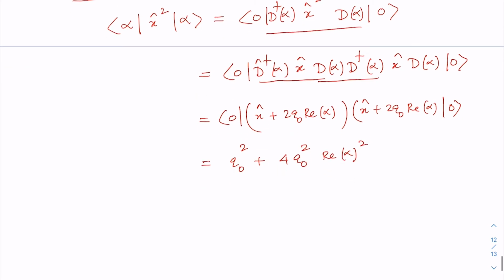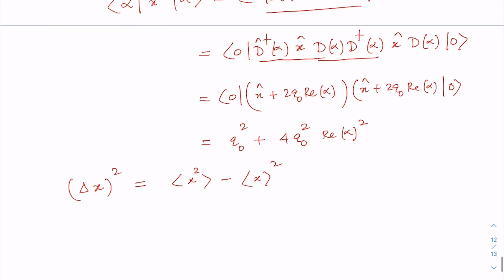and therefore immediately, if I ask you to find out the standard deviation, or say the variance of the position operator, that would be expectation of x square minus expectation of x whole square here. It is in the coherent state, and using this relationship you should be able to show that delta x, this standard deviation, would turn out to be simply q0, which is basically the zero point fluctuation.